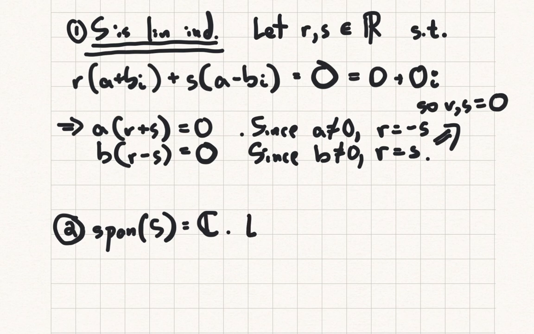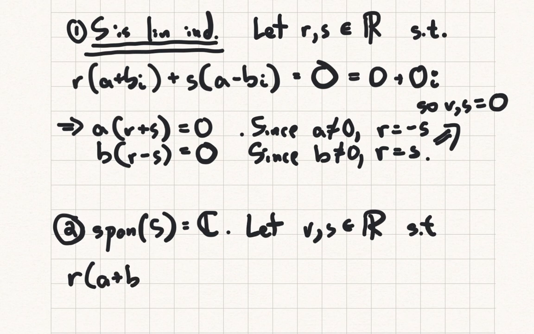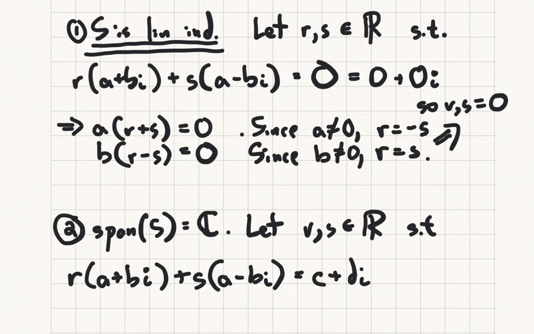So let r and s again be scalars, which are real numbers, such that r times our first vector a plus bi plus s times our second vector a minus bi equals any complex number. Remember, this is z, this is z conjugate. So let's say c plus di.